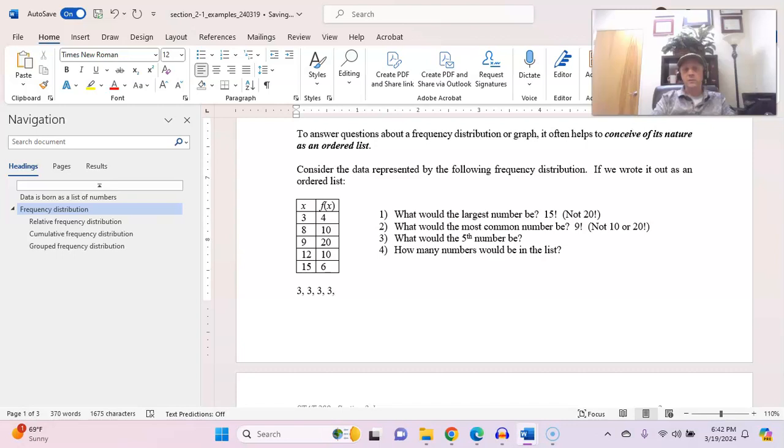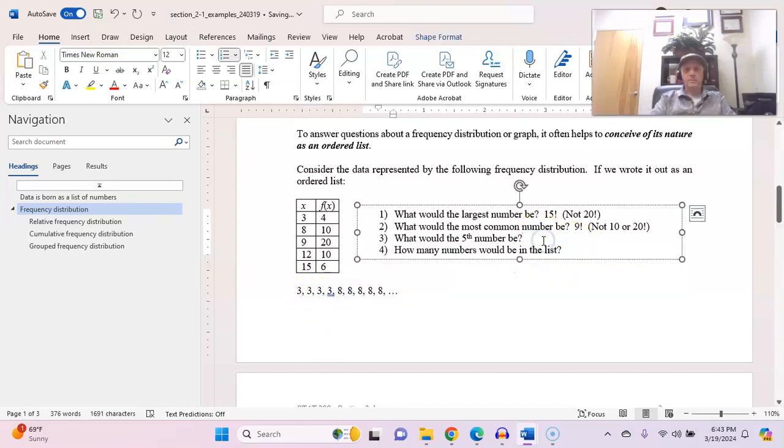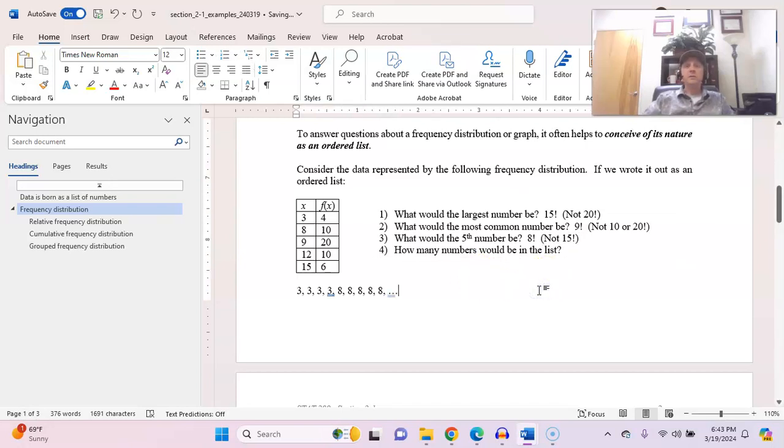So there would be 4 3s, and then there would be a whole bunch of 8s, right? Okay, so let me ask you again, what's the 5th number in the list? Aha, here's the first number in the list, the second, the third, the fourth. The 5th number in the list is an 8. So it's not 15, which would probably be the most common wrong answer here.